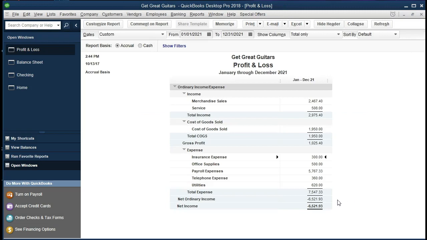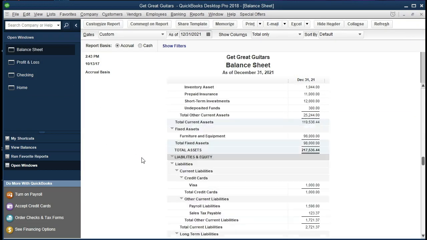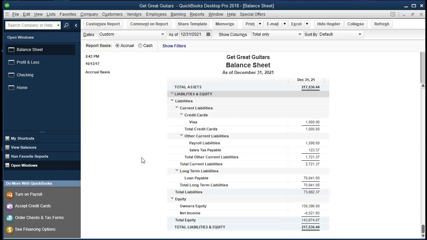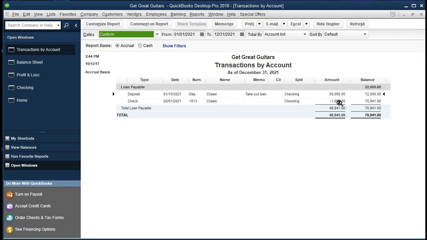And I misspoke before. I'm looking at the balance sheet as the other accounts. Let's go back to the balance sheet, and we're going to scroll back down, and we now want the loan. Here's the loan amount, $70,941. Double clicking on that, we see that check right here. And note we started with a loan of 22, and then we updated our loan terms by the 50 to get to that 72.